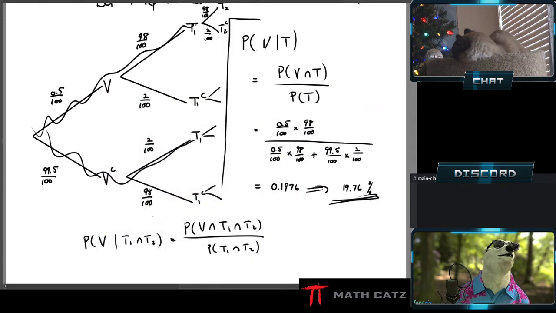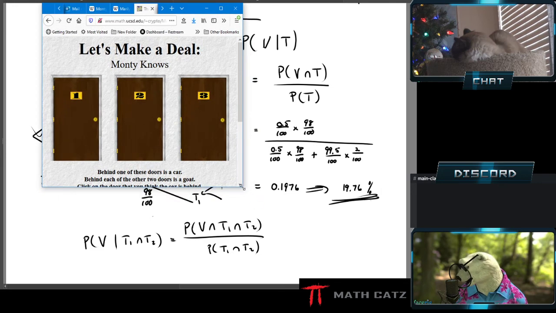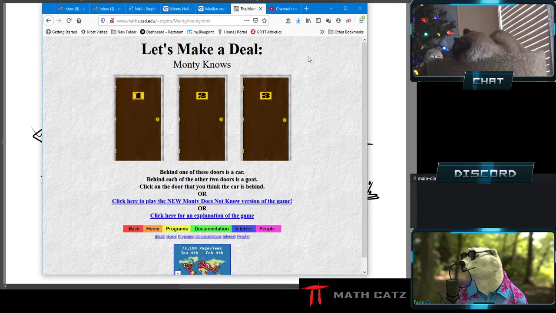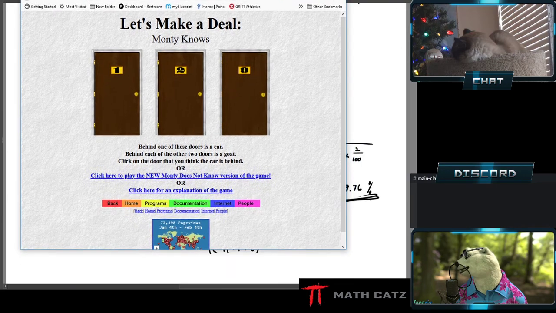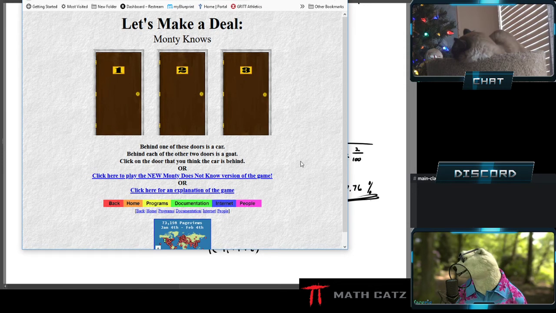I want to, in our last 7 minutes, show you something that is interesting. It's the Monty Hall problem. So this comes from a talk show, Let's Make a Deal, where the person selects a door for their prize, and there's a fancy car behind one of these doors and a goat behind two of the other doors.